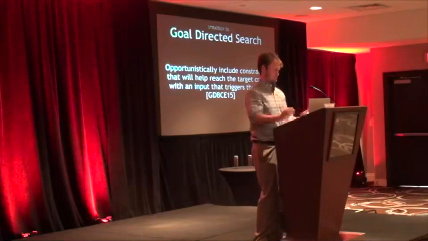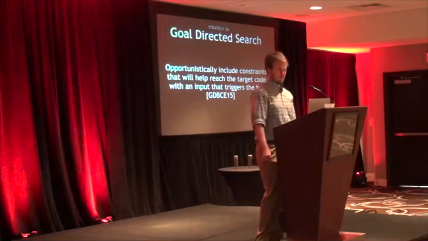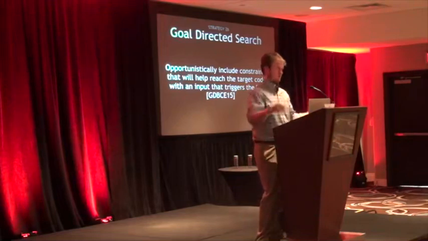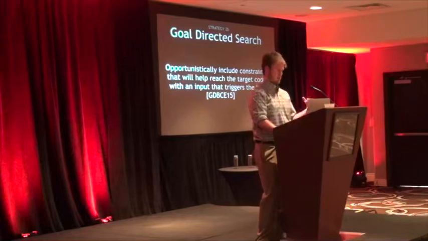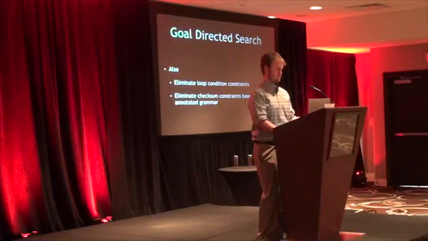And you're told by an oracle, as one author in the field calls it, that your input actually did exercise the bug on a real execution of the program outside of the symbolic engine. Other optimizations to this include eliminating your loop condition constraints, which takes care of the first problem, and eliminating checksum constraints based on an annotated grammar.